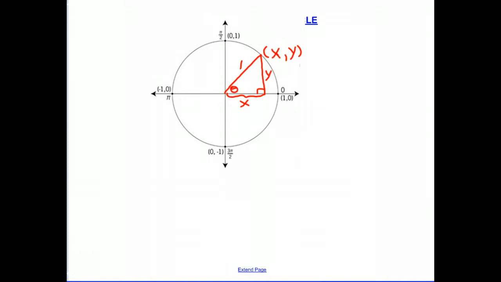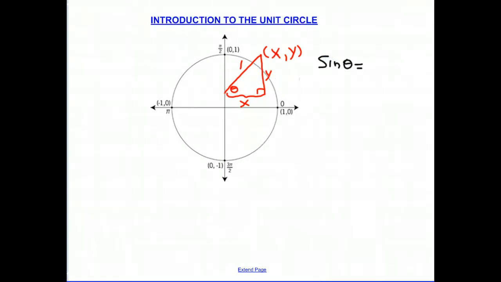Now, if I wanted to find the sine of angle theta, which we'll put over here on the right side, we know the sine is opposite over hypotenuse. If you've forgotten that, we can remind ourselves of our mnemonic for our trig ratios.